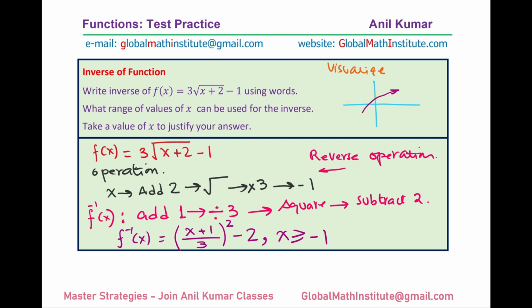I'm mainly concerned with this particular point, which is minus 2, minus 1. Now when you do the inverse of this, this point is going to flip, right? So when it flips, the image will be minus 1, minus 2.